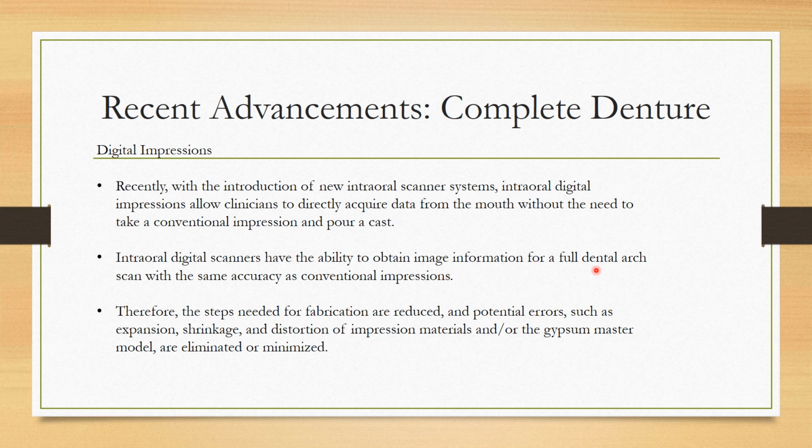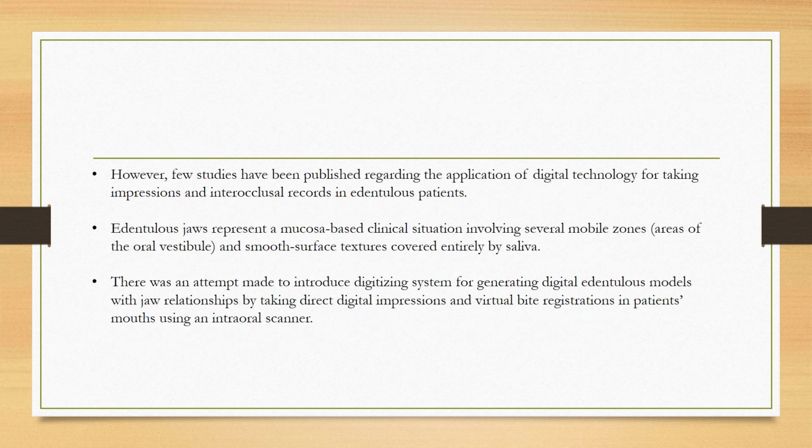The intraoral scanner has the ability to form an image directly by placing a scanner in the patient's mouth, and it can be as accurate as a conventional impression. The steps needed to fabricate are reduced, and so are their potential errors, which are expansion, shrinkage, and distortion.